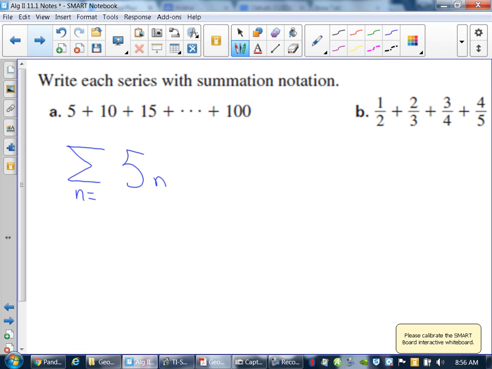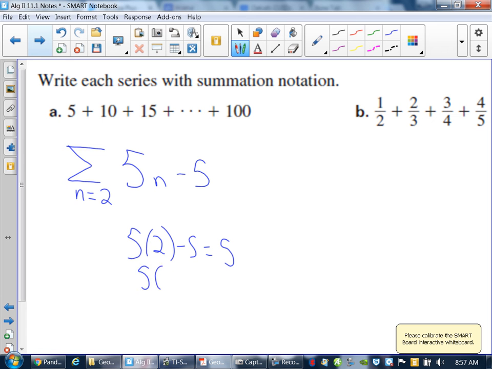Where does n start? Is n going to start at 0? Is n going to start at 1? Is n going to start at 2? Can you adjust all that? Could I say that this is 5n minus 5 if n starts at 2? If n starts at 2, isn't that 5 times 2 minus 5, which equals 5?